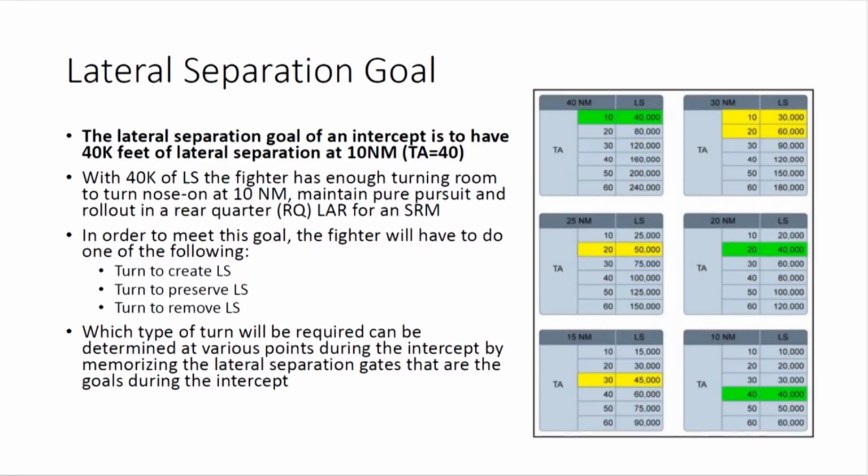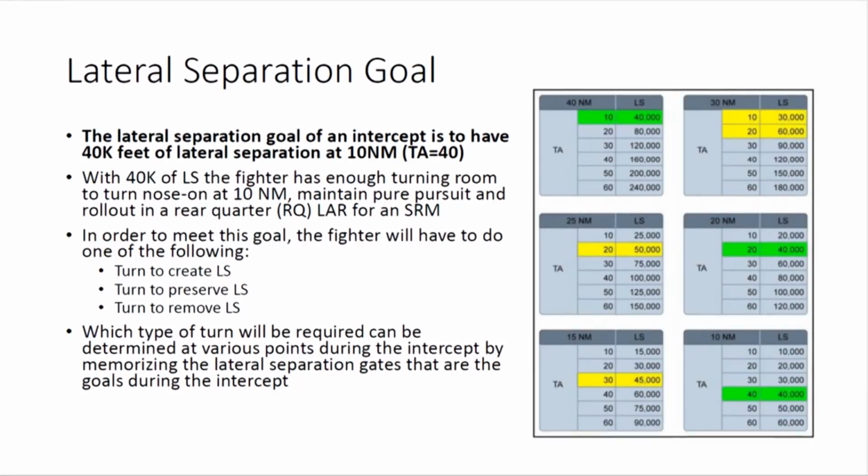Now, to achieve that goal, we'll have to do one of three things. We'll either have to turn to create lateral separation, turn to preserve lateral separation, or turn to remove lateral separation. Which type of turn will be required, we'll determine at various points in the intercept, and we'll do that by memorizing these lateral separation gates. These are pretty easy to memorize, and they're key.